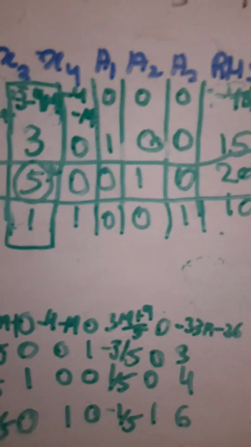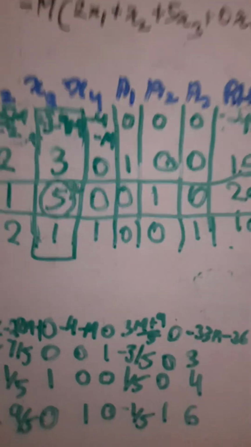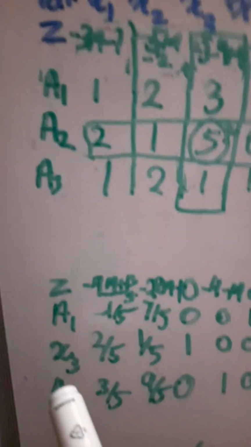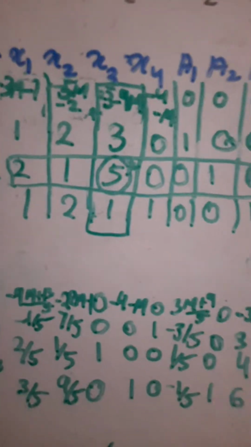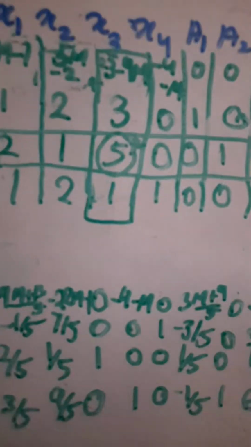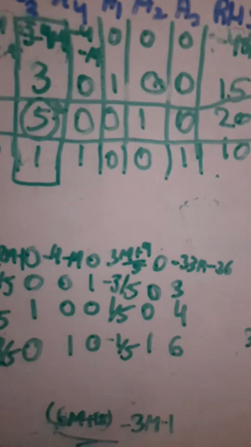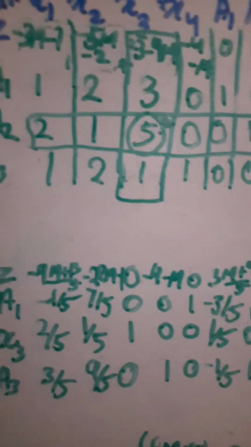So now you understand, you just have to do iterations. Similar iterations you have to do again. In this new table you have to find the same key row and key column, with RHS and all. Then you have to write the ratio here: take the RHS divided by the key column, with the most negative value here. Variable is always greater.